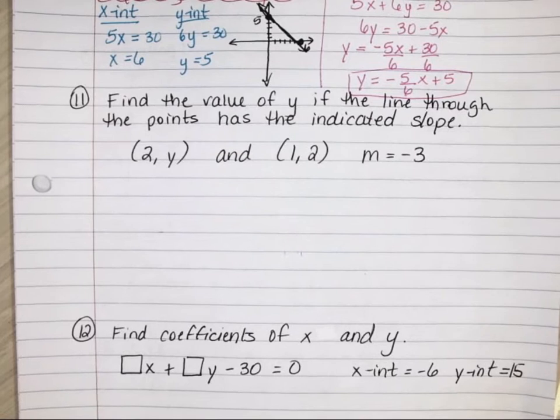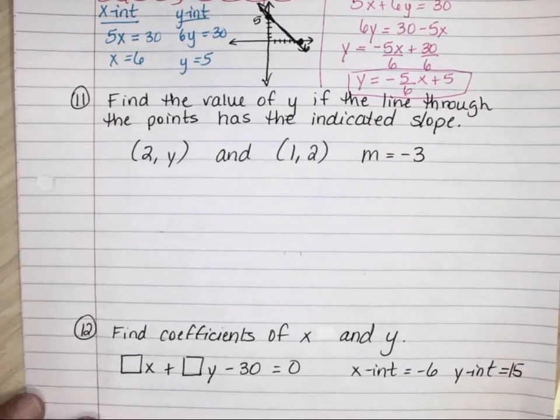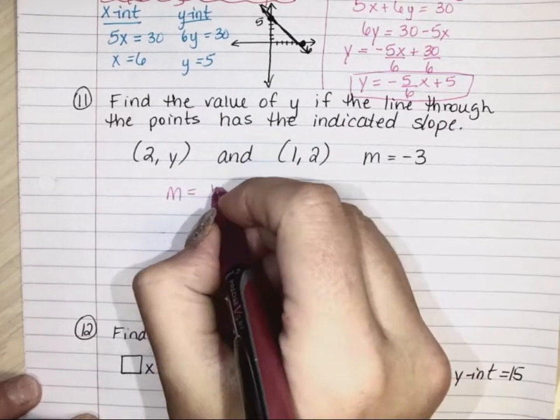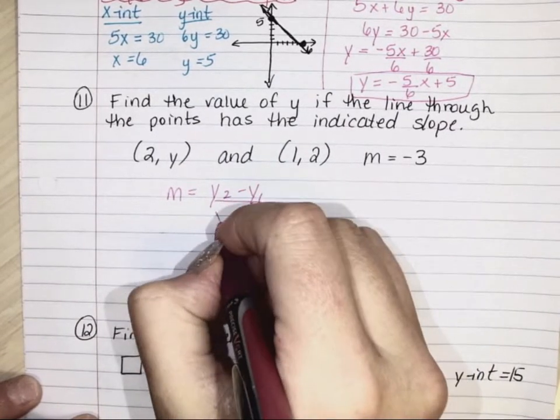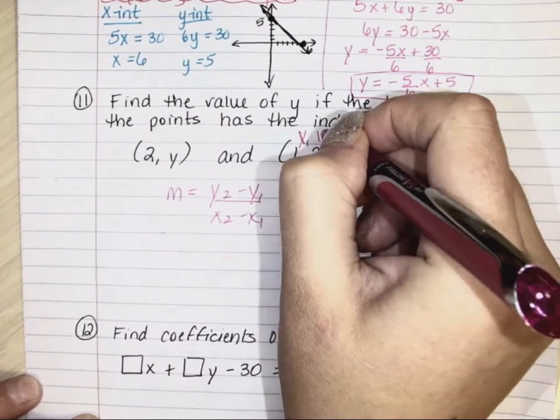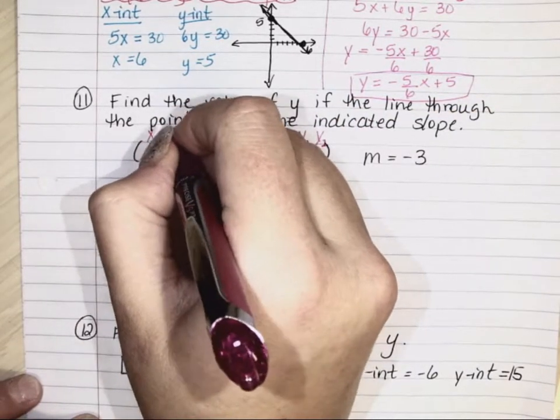Okay, number 11. Find the value of y through the points that has an indicated slope. In this case, you just simply plug in to your point, plug into slope formula. That's x2, y2, this is x1, y1.